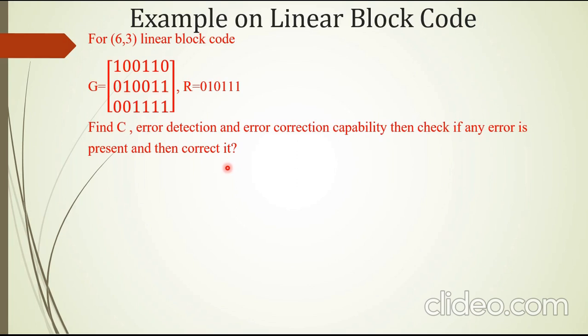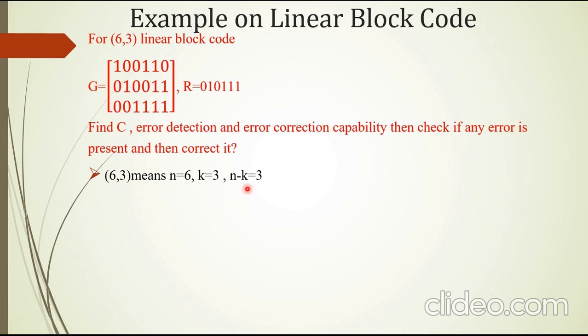Here, a (6,3) linear block code means n equal to 6 and k equal to 3. So n minus k, which is 6 minus 3, will be 3. So the parity bits are 3.